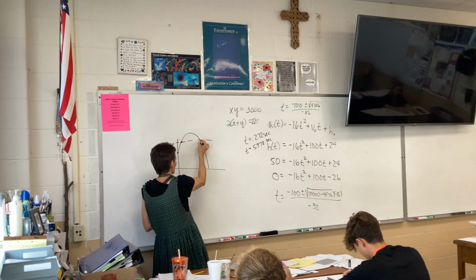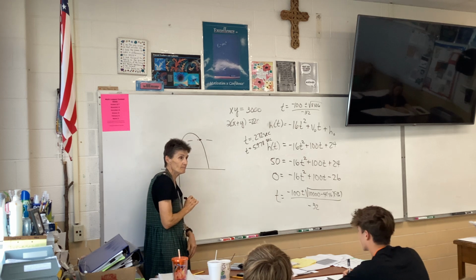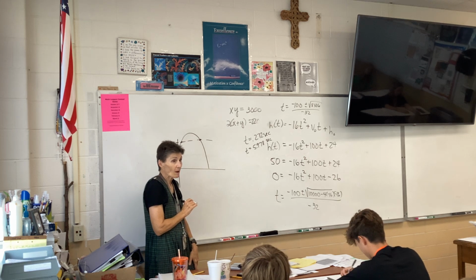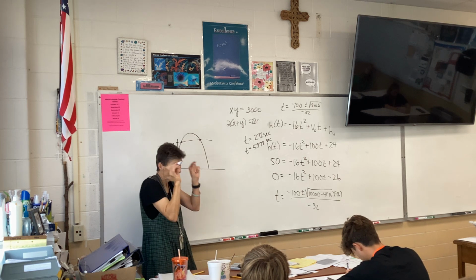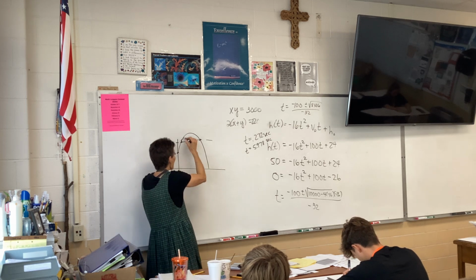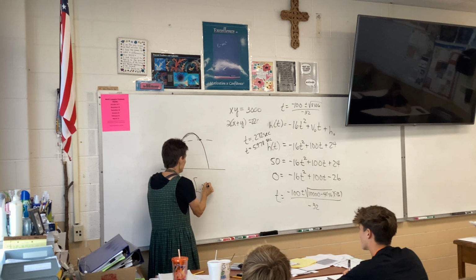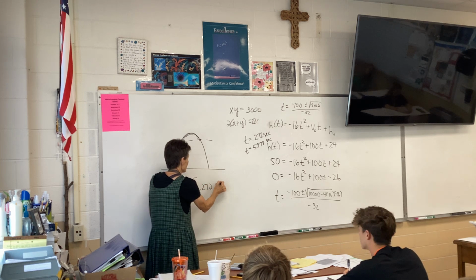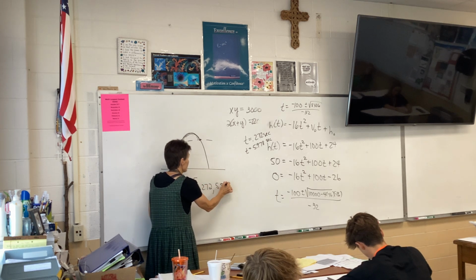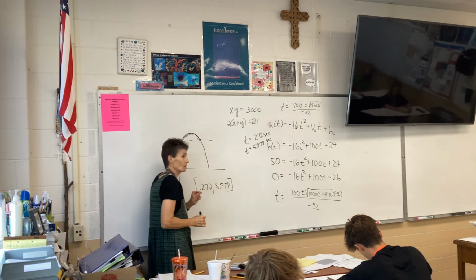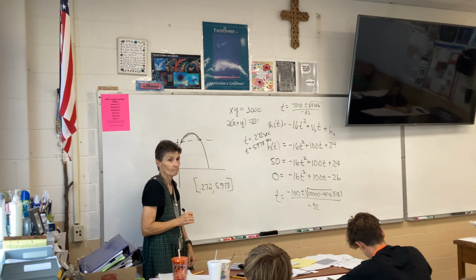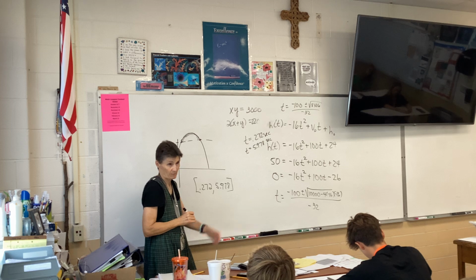And here are the two places where it's exactly 50. If I want it to be 50 or more, then that would be the interval from 0.272 to 5.978, right? That's when it's at least 50.